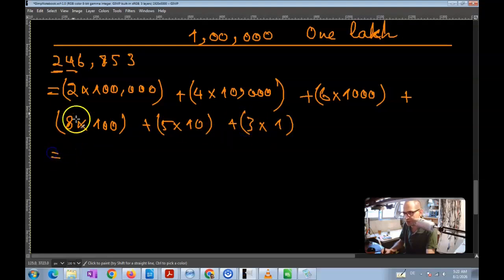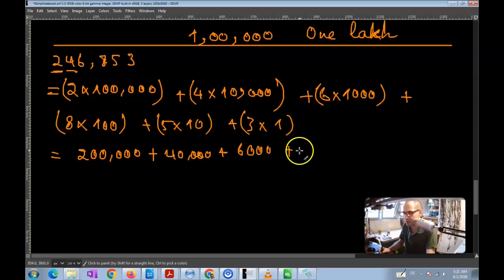And if you do the multiplication, 2 times 100,000 is 200,000, plus 4 times 10,000 is 40,000, 6 times 1,000 is 6,000, 8 times 100 is 800, 5 times 10 is 50, and 3 times 1 is 3, right?